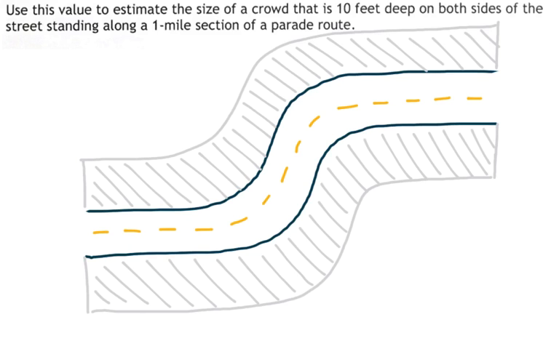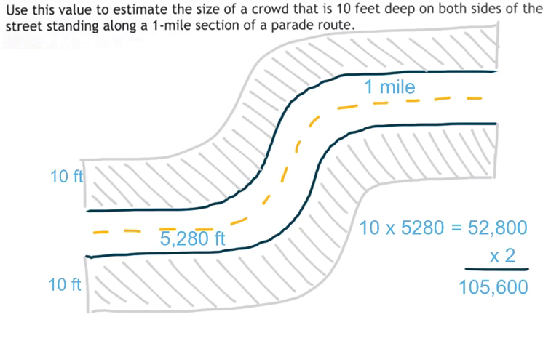So our 1 mile is 5,280 feet, and the sidewalk to watch the parade is 10 feet deep on both sides. So what we have to do is multiply to find the rectangular area. 10 times 5,280 is 52,800.